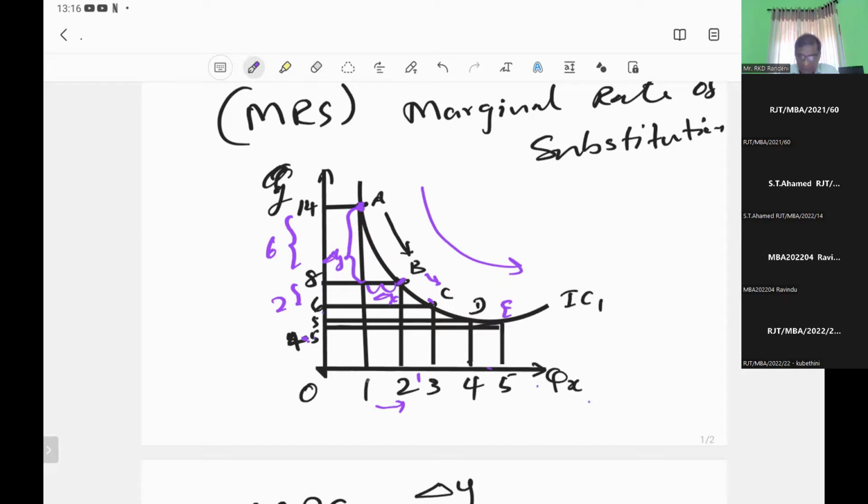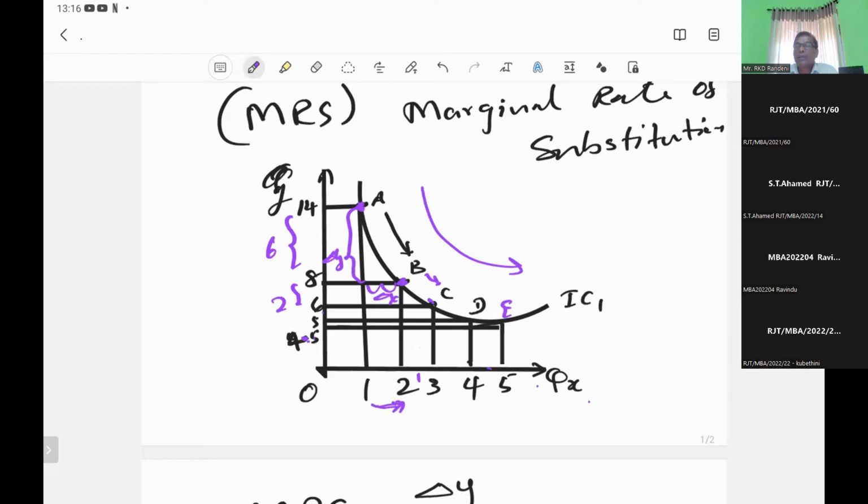Now assume the price of dry fish is reduced and the vegetable price is very high. Then he prefers to come to point B, where he can yield the same satisfaction. So he is ready to take another 2 units of dry fish.